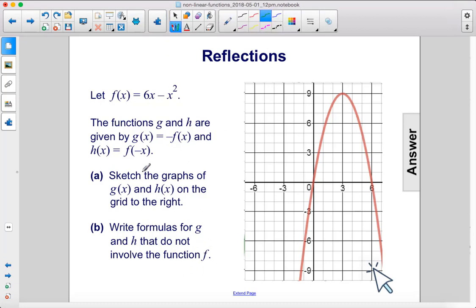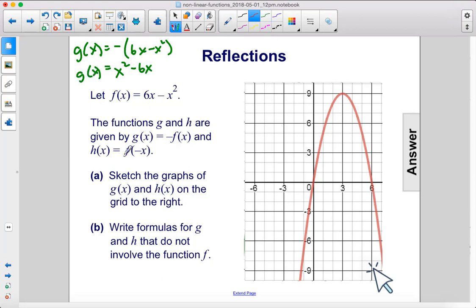Alright, so let's start with rewriting the formulas. If g of x equals negative f of x, we have g of x equals negative (6x - x squared). When we distribute that negative sign in, we get x squared minus 6x. That's g of x.